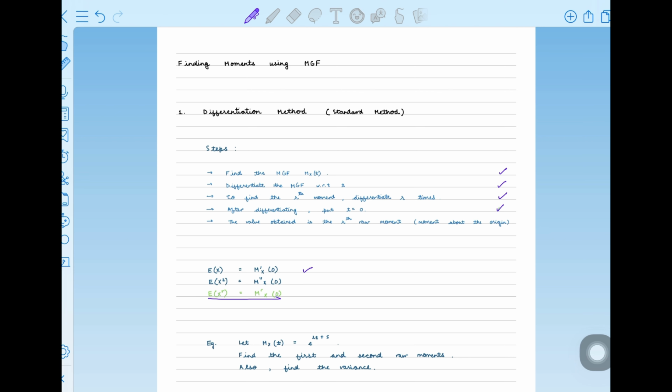Let's understand this with an example. Let the MGF be equal to e to the power 2t plus 5. Find the first and the second raw moments. Also find the variance. So, to find the first raw moment, we take the first derivative of the MGF and put 0 in place of t. To find the second raw moment, the process is the same except we differentiate twice. Let's solve this.